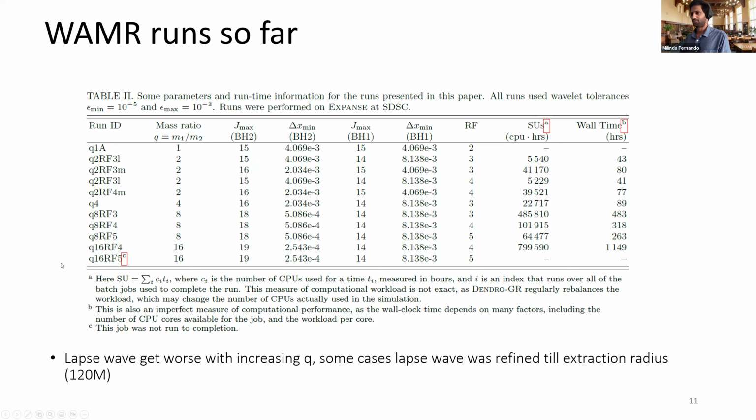We were thinking, actually, William, who was working on that, came up with a more efficient, systematic way to improve the refinement. The idea is to use the orbital frequency to estimate, for each LM mode, the wavelength of the gravitational wave.